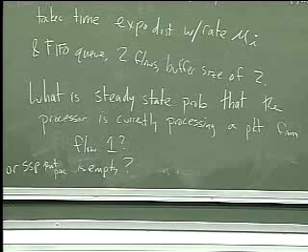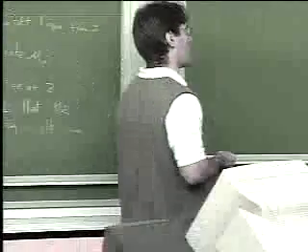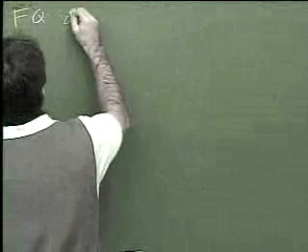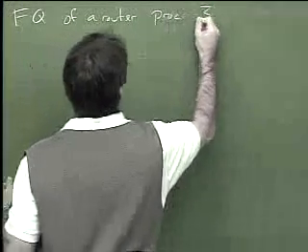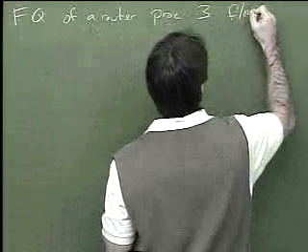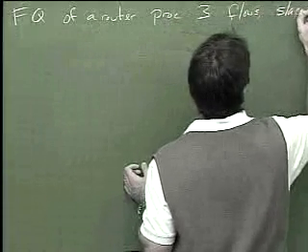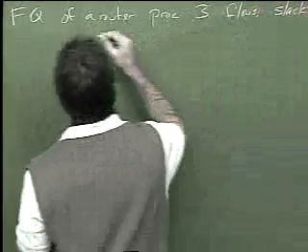Okay. Let's do a weighted fair queuing example, or fair queuing example, of a router processing 3 flows. Let's just say slack of 1 packet allowed.